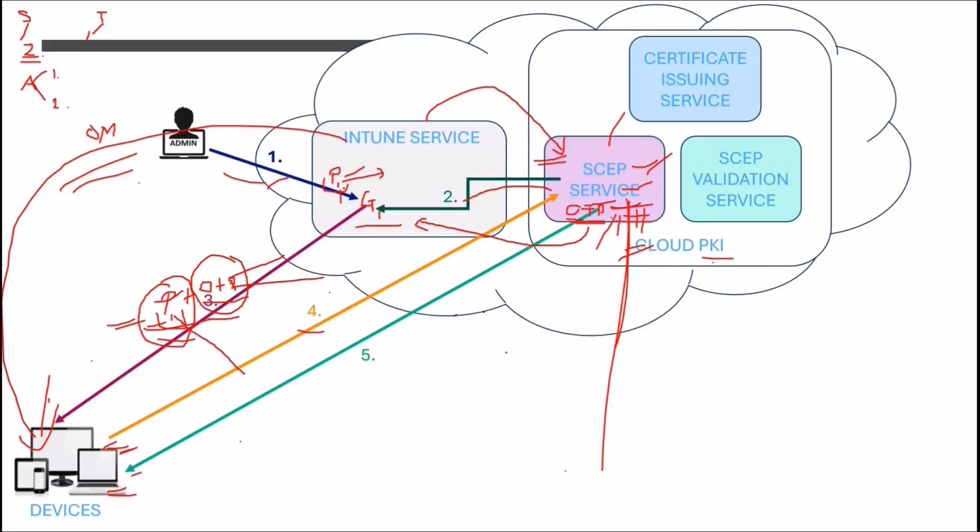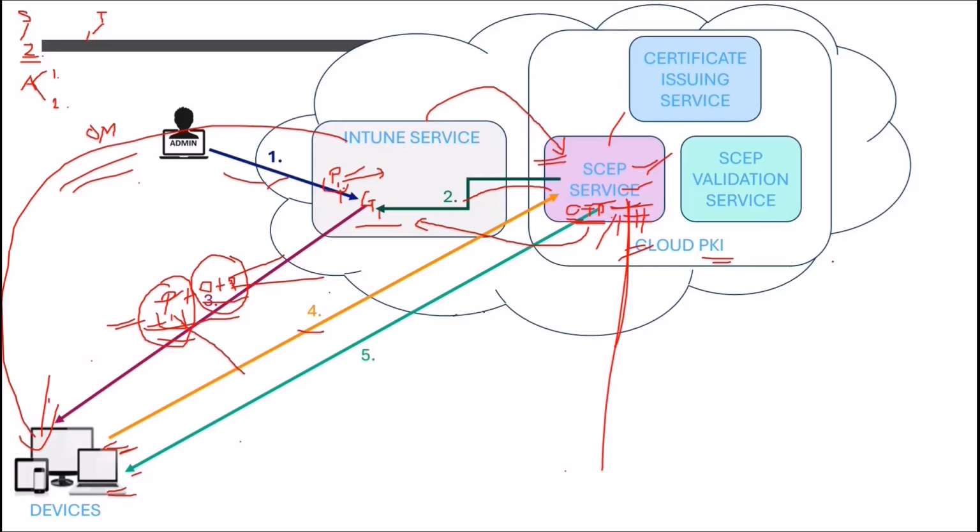So the device is telling the Cloud PKI, okay, you have told me your capabilities, you have responded to get CA caps. Now show me your certificates so that I can trust you, and so that I can use them later on. When is this device going to use that certificate? We are going to talk about that later.